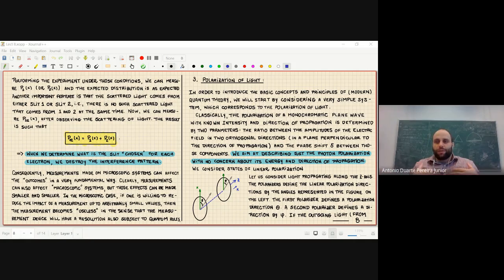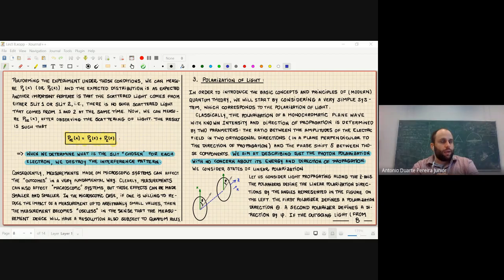So the electrons pass through the slits and they interfere, so that there is a superposition in such a way that you're going to see this destructive or constructive behavior.